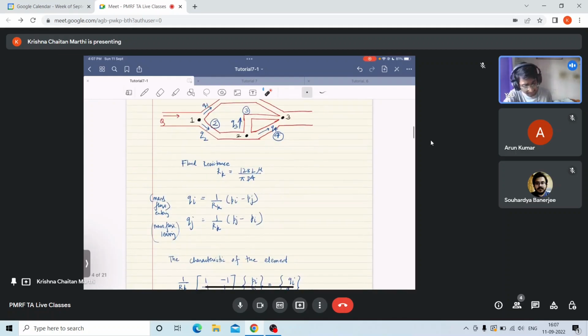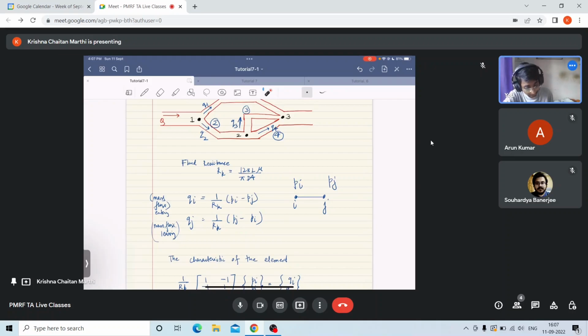So at any node, let us say I have this as my node i and this as my node j. The pressure at this point is given as Pi and the pressure at this point is given as Pj. So for any node, the mass flux entering can be written as Qi equal to 1 by Rk (Pi minus Pj), and Qj as 1 by Rk (Pj minus Pi).